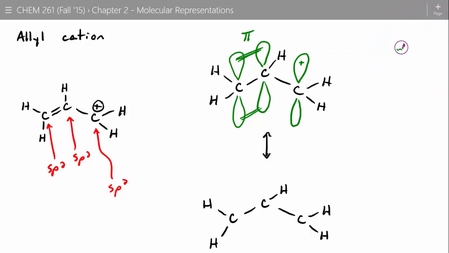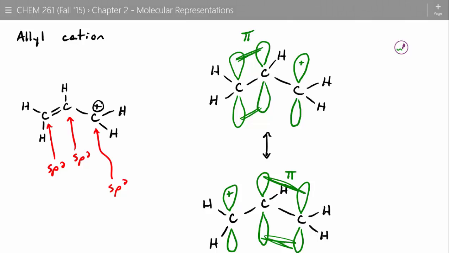These p orbitals are still there. But now our pi bond is located on the right-hand side, and the carbon on the left is positive.